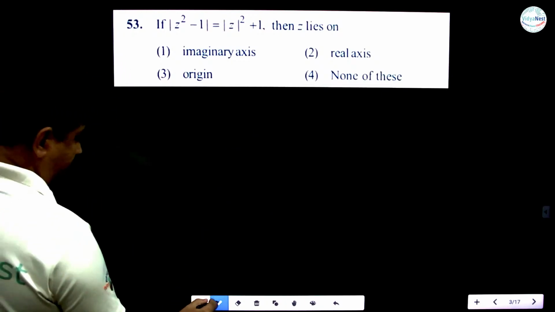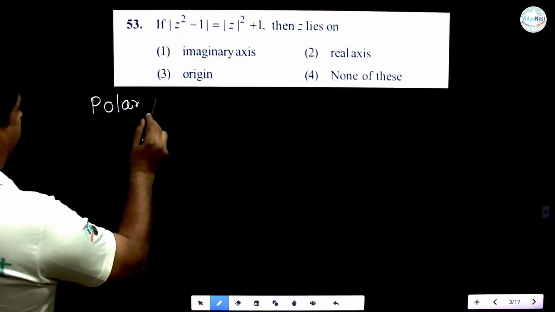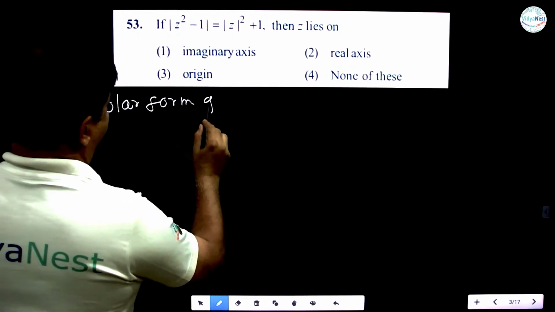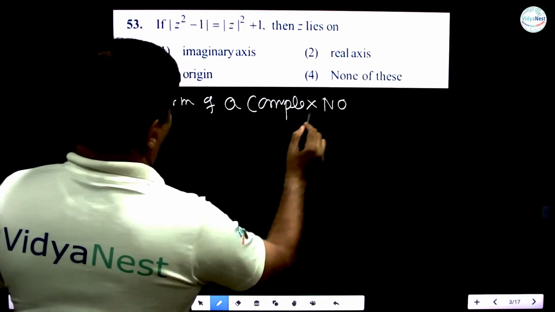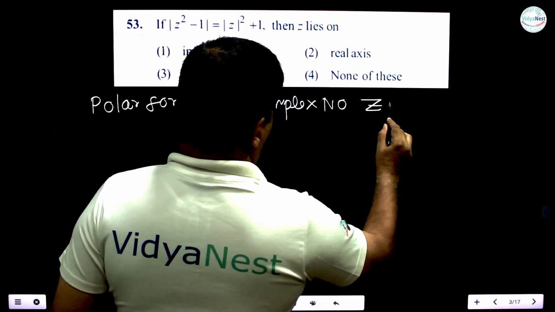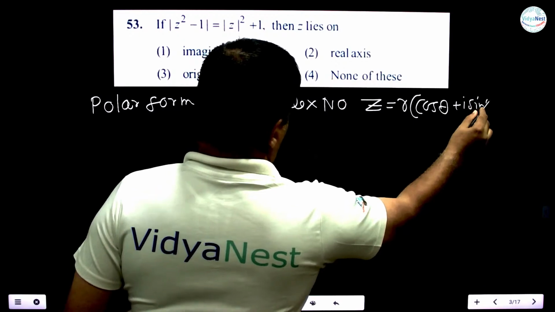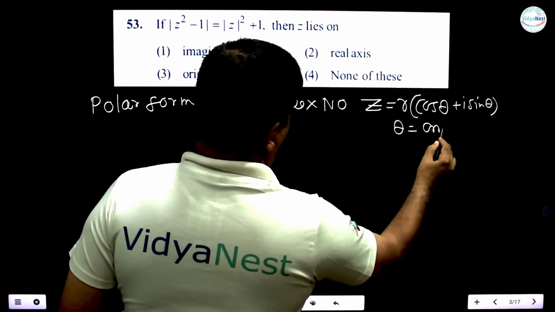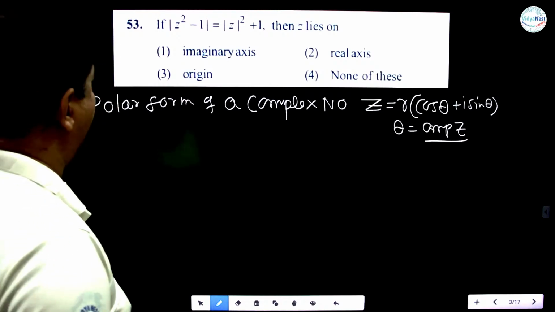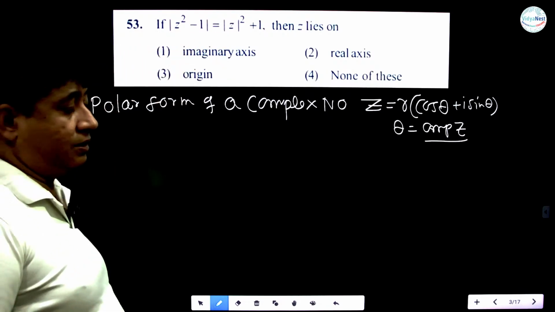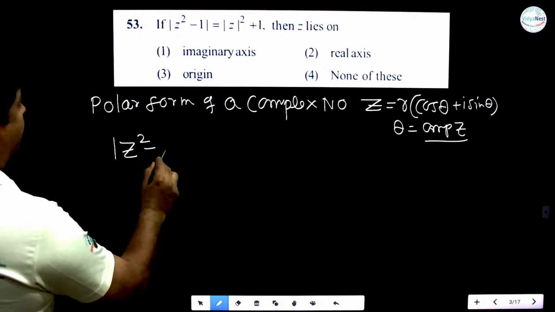See, the polar form of a complex number z is equal to r cos theta plus i sin theta, where theta is the amplitude of z that you were taught in the chapter on complex numbers. Now we will replace z by that and see the outcome.